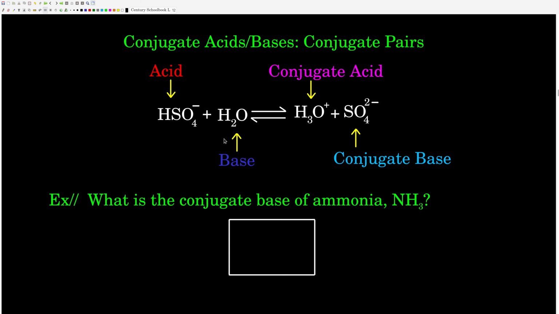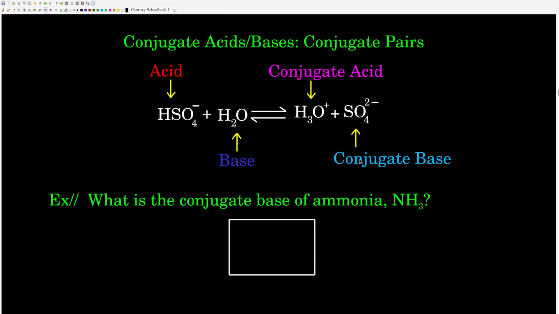Now, a real quick trick to easily determine what the conjugate base or the conjugate acid of a compound is: if you want the conjugate acid, all you do is add a proton. That means add an H to the formula and add a positive charge. Here, water has 2 hydrogens, no charge. When we add a hydrogen with a plus charge, we get 3 hydrogens and a positive 1 charge.